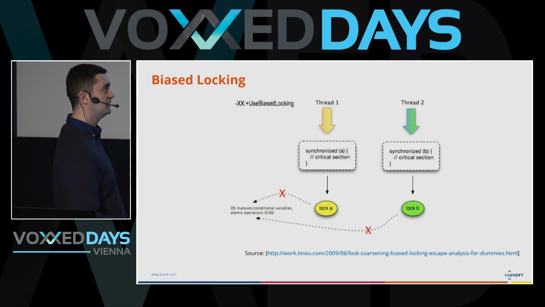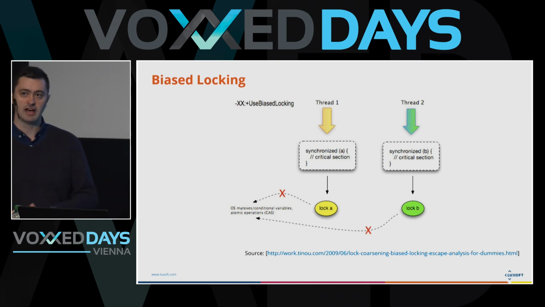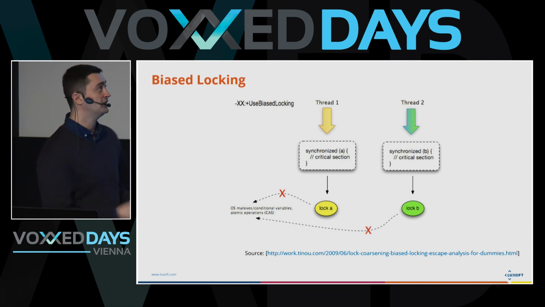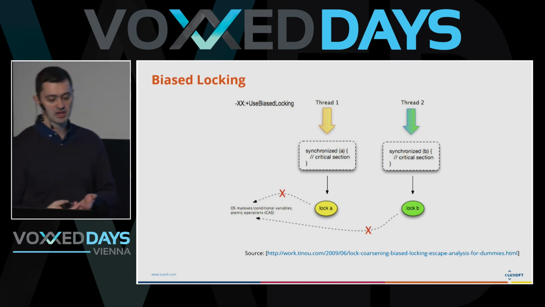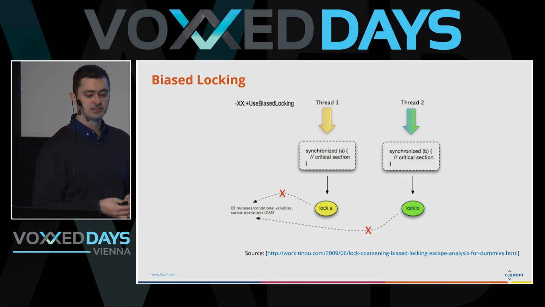This penalty of real synchronization relies on OS mutexes, conditional variables, signals under the hood, so a lot of stuff that is triggered by this synchronization on locks. And the technique says don't go for real synchronization, just bias the lock towards the thread that owns it.